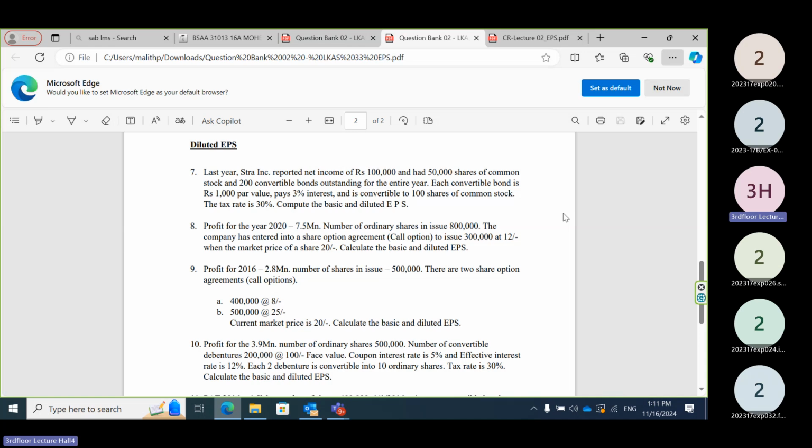Net income 100,000, and 50,000 shares. Are there any weighted averages? There's no such share issue. Basic earning per share is 2.